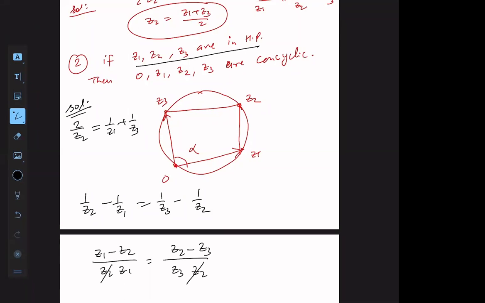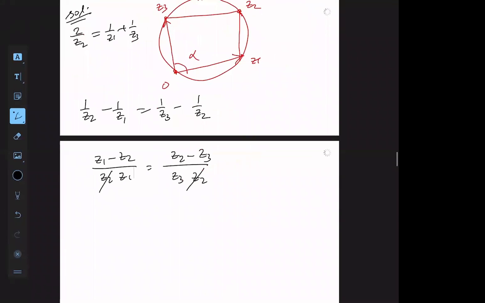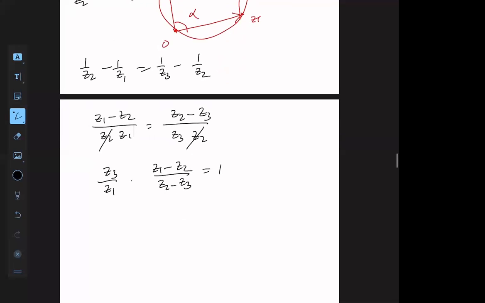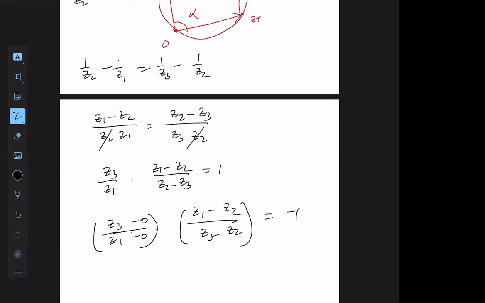So Z2 Z2 cancelled out. So you will get Z3 upon Z1 into Z1 minus Z2 upon Z2 minus Z3 is equal to 1. So basically I am taking minus 1 common from denominator. So this will become Z3 minus Z2. This is equal to minus 1.